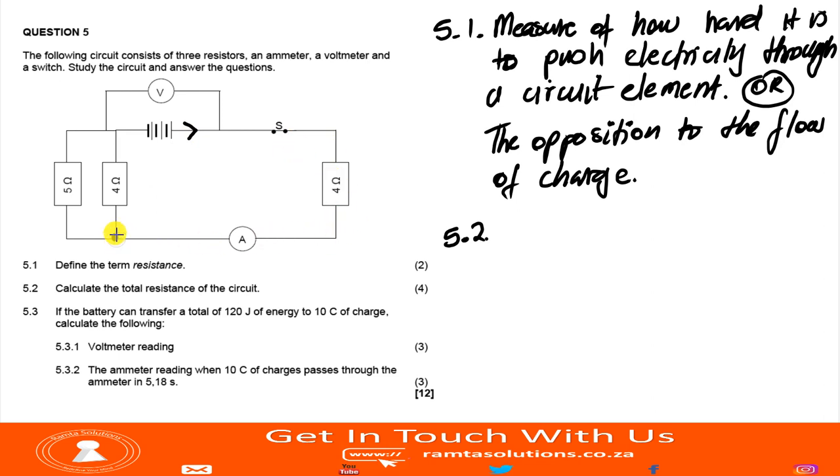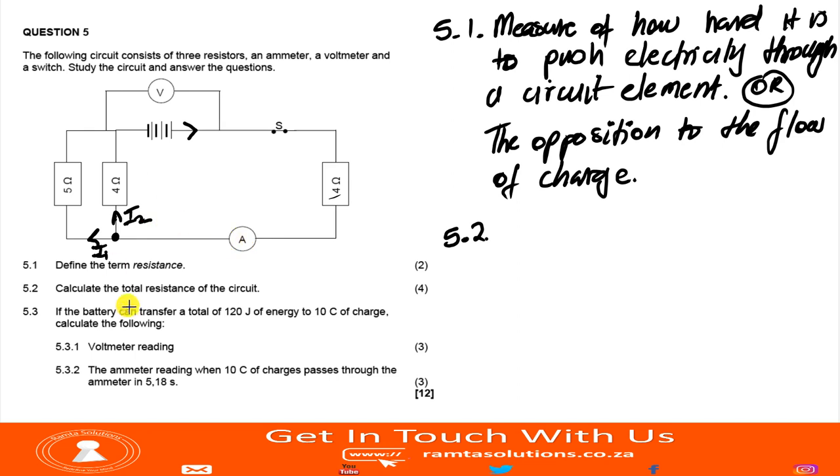When it gets here, it gets divided. A part goes there, let's call it I1, and a part goes there, I2. So this is a parallel combination. Then they meet again, and it is the same current that was here.